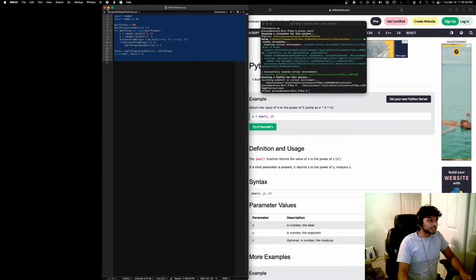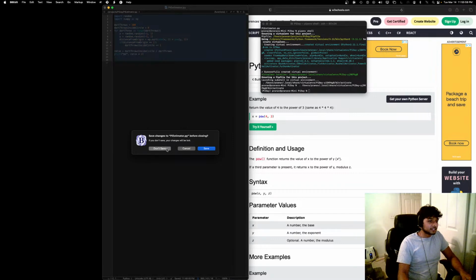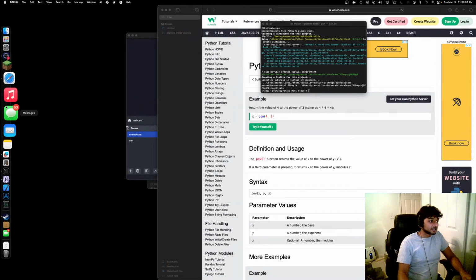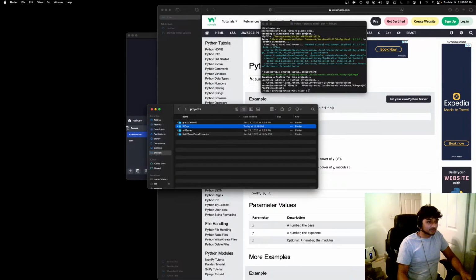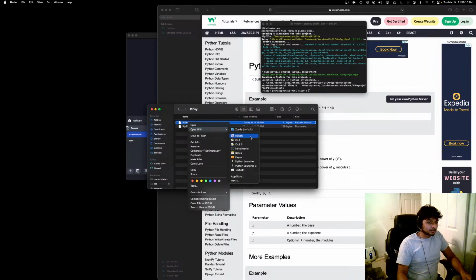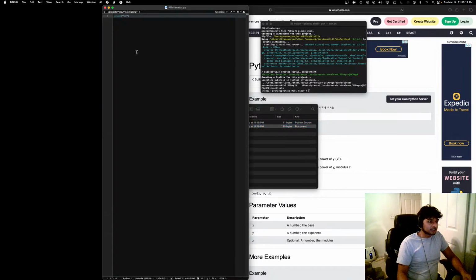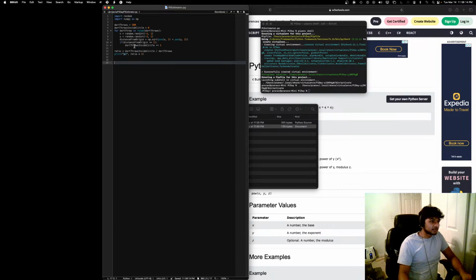That is so weird, man. But let me just copy this code. Don't save. Let's reopen this file. I don't know what's going on there. Open with BBEdit. There we go. Okay, it's normal now.